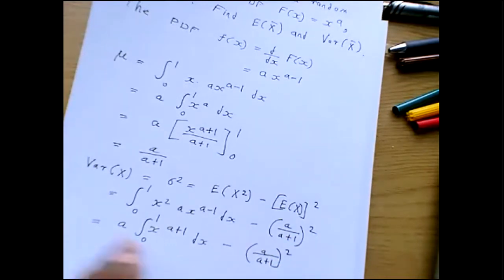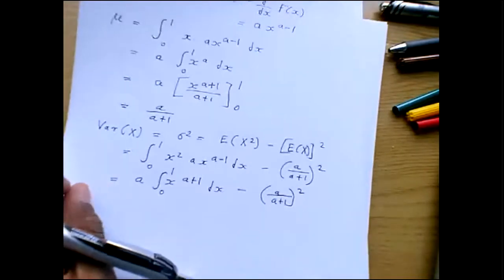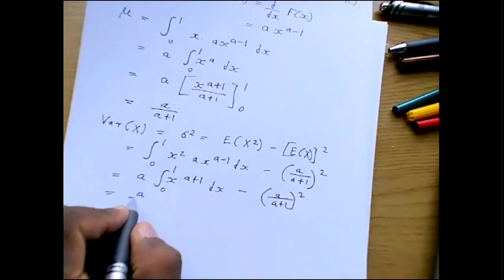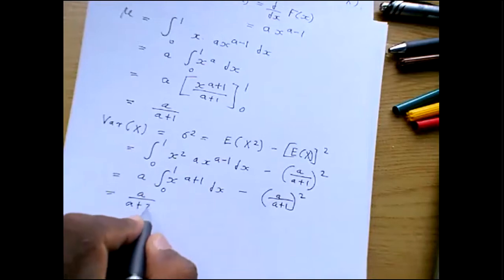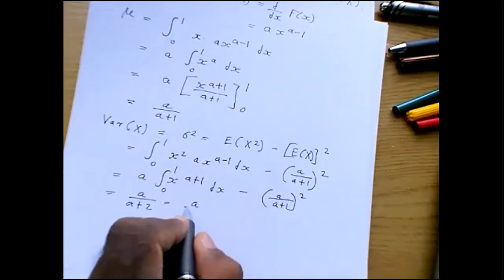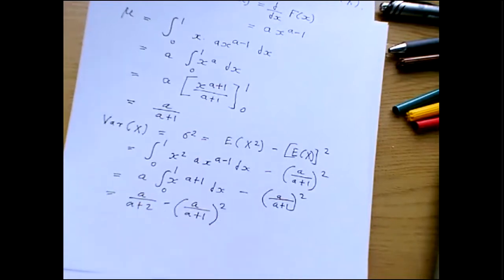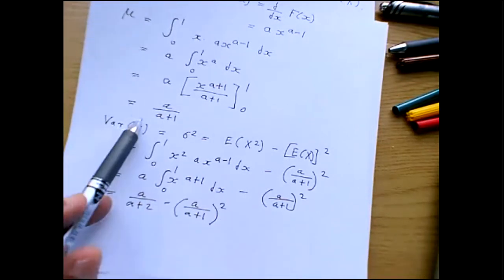All right, so this is what you get. Now if you do this integral and take the limits, you will get a divided by a plus 2 minus a divided by a plus 1 squared. So this is the variance and this is the mean.